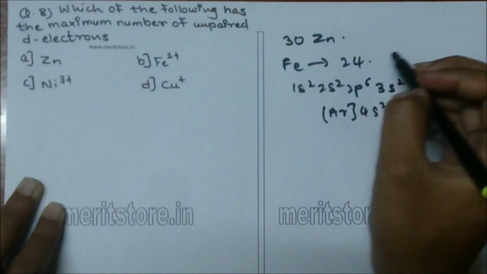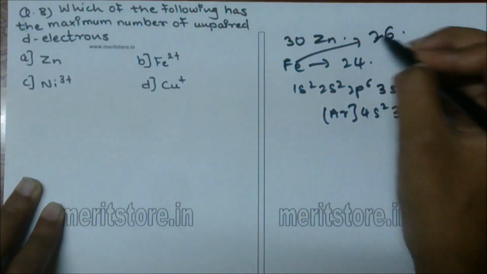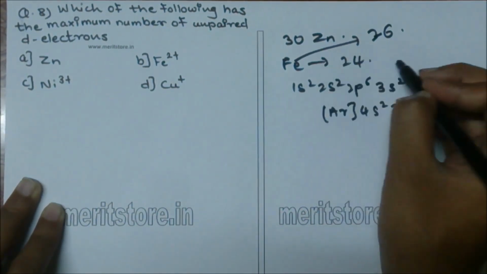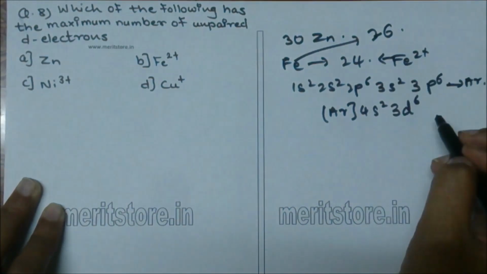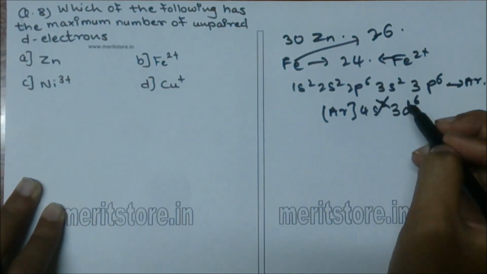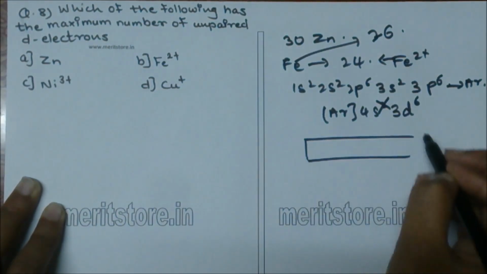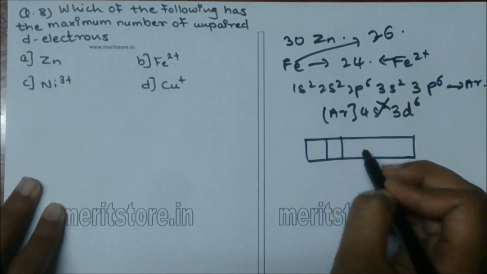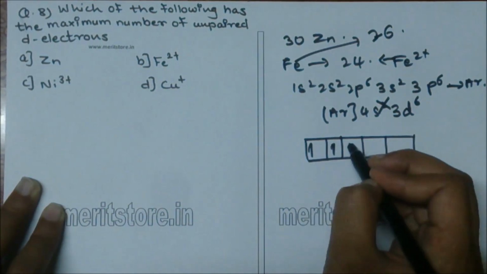As 2 electrons are removed, the original count was 26, so Fe2 plus has 24 electrons. Removing the s electrons, there are 4 unpaired electrons in Fe2 plus, as there are 6 electrons in the d orbital.